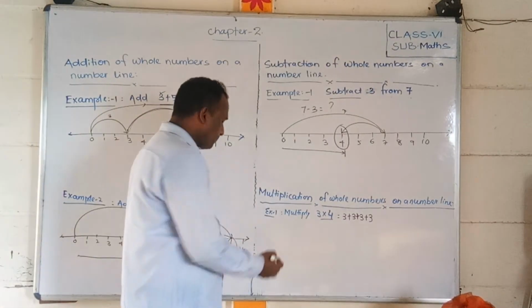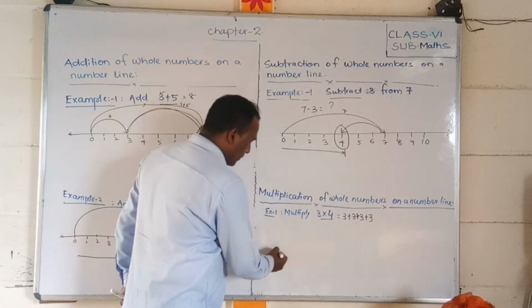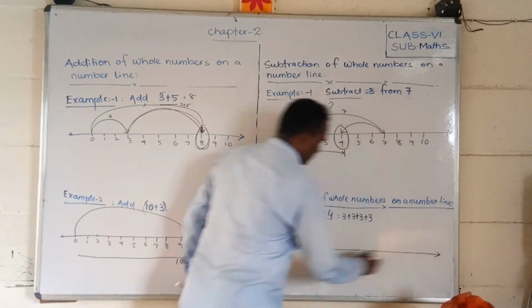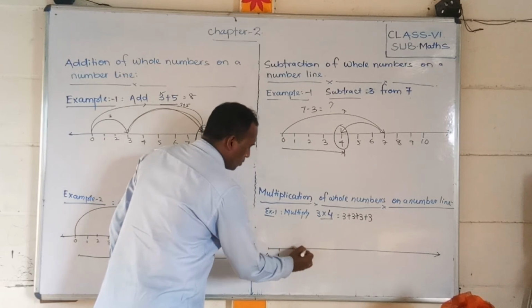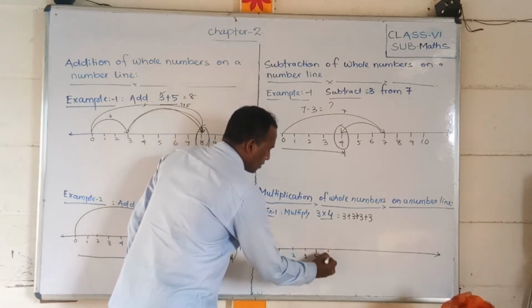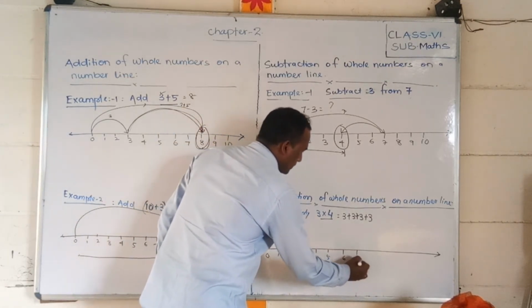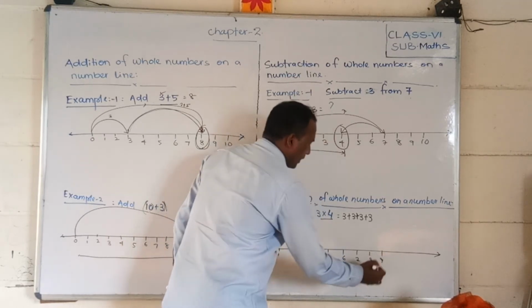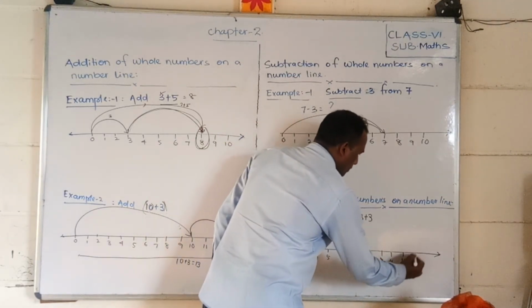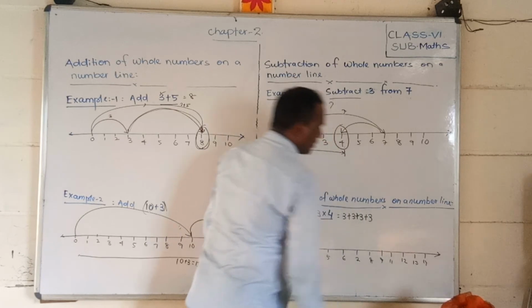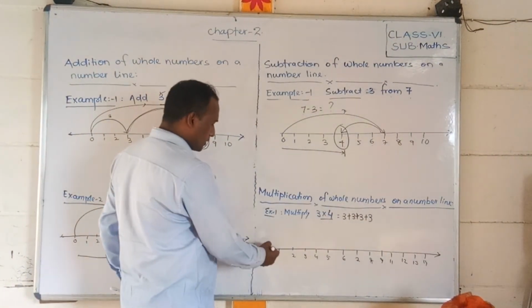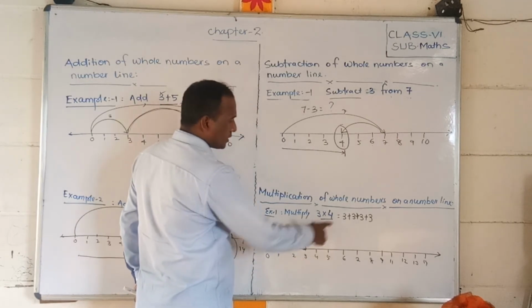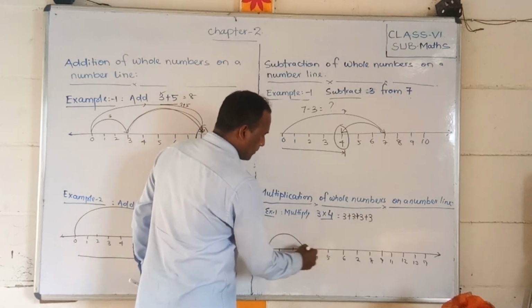Okay, so now first of all, draw the number line. 0 1 2 3 4 5 6 7 8 9 11 12 13 and 14. Okay, so now first of all, you have to show add 3. First you have to show the 3. Next add 3, 1 2 3.